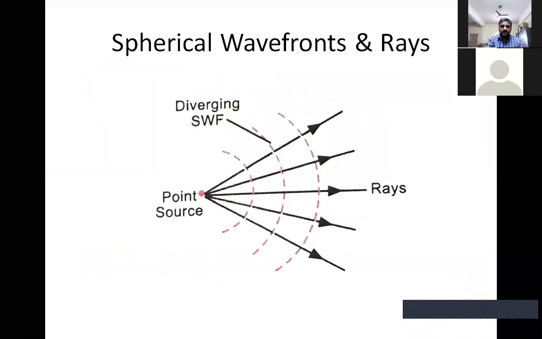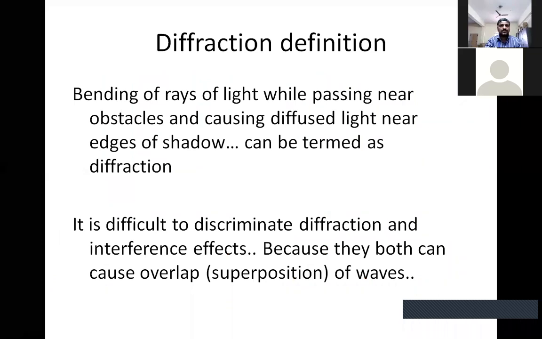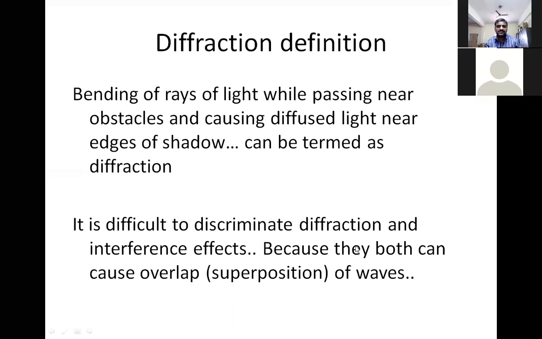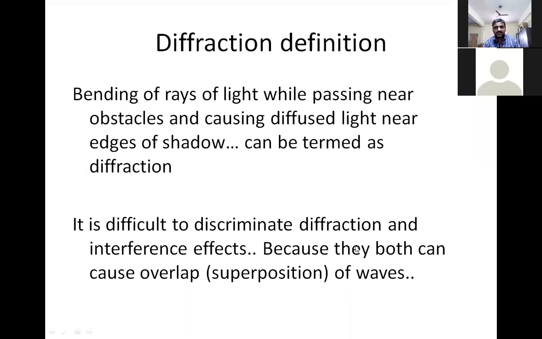Yes, this is the definition of diffraction of light. The bending of light rays while passing near obstacles, you can call it diffraction. This is the general definition of the phenomenon in physics.